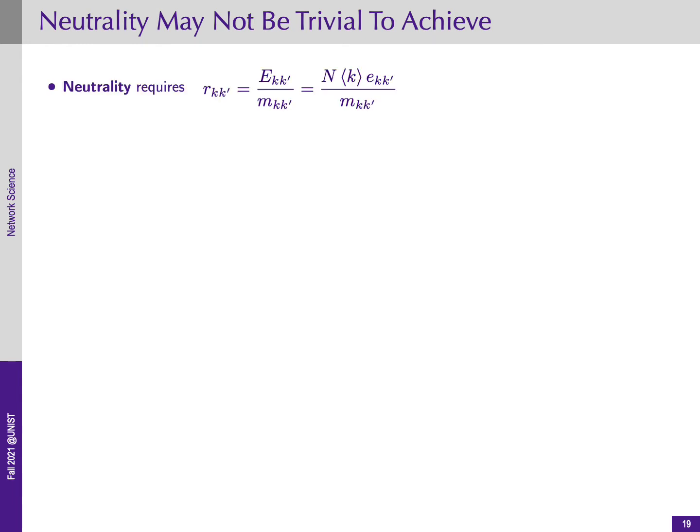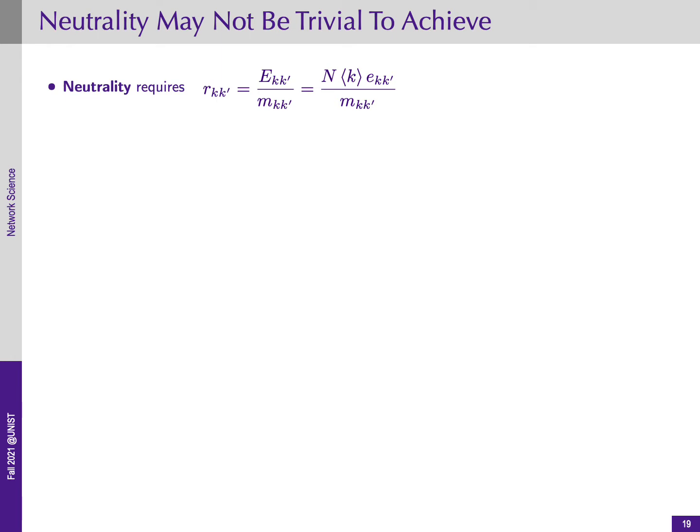So if we introduce the quantity of a fraction of edges between the two groups of nodes with degree k and k prime, that is basically the ratio of the expected number of edges to that of the maximum connections, okay?